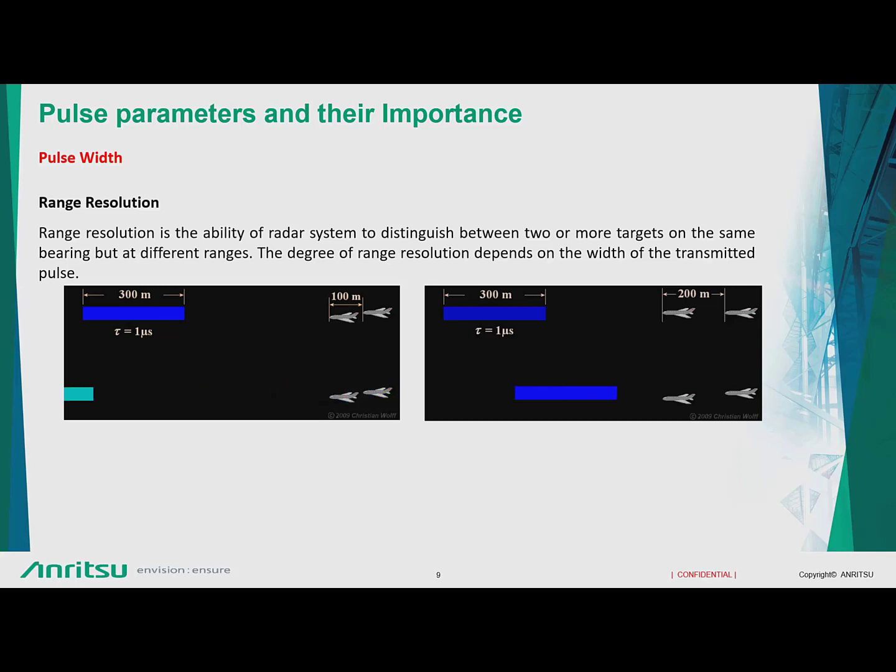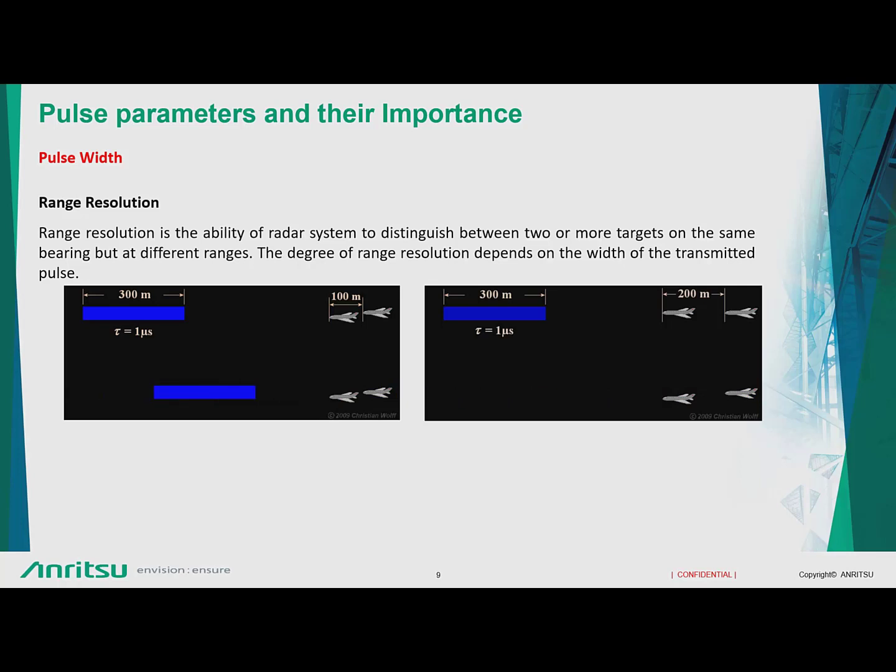So in the first image on the left hand side, if your pulse width is roughly around 1 microsecond, then you can see that if there are two targets at a spacing of 100 meters, you will only see one reflection coming back, because the wavelength is roughly around 300 meters, right? But if you have two targets at a distance of 200 meters, then you will basically see two reflections.